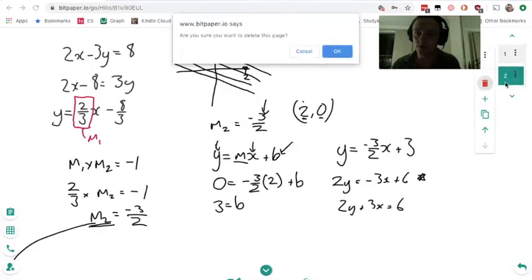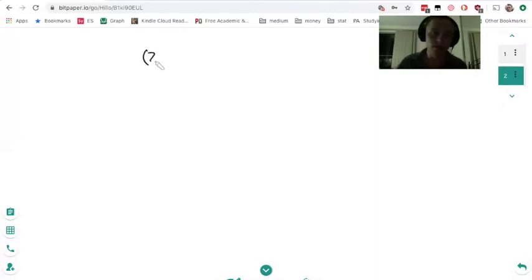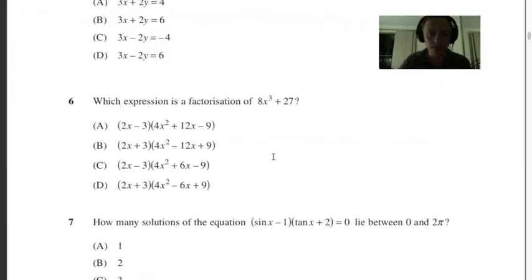We will close this. Bracket 2x cubed plus 3 cubed. It has been quite some time since I've done a question like this.